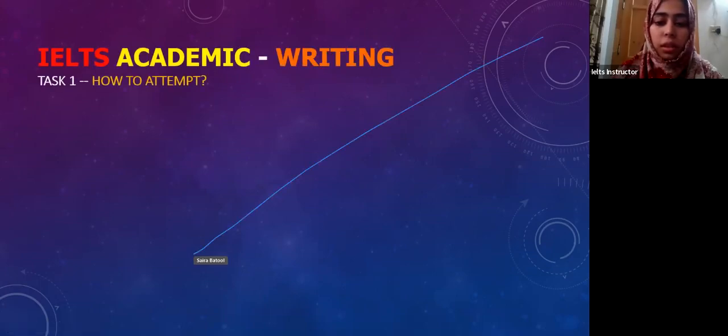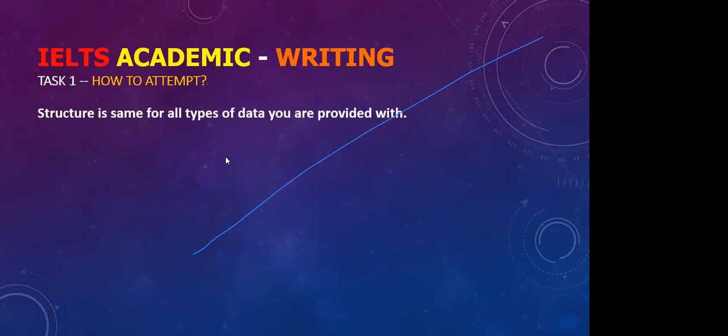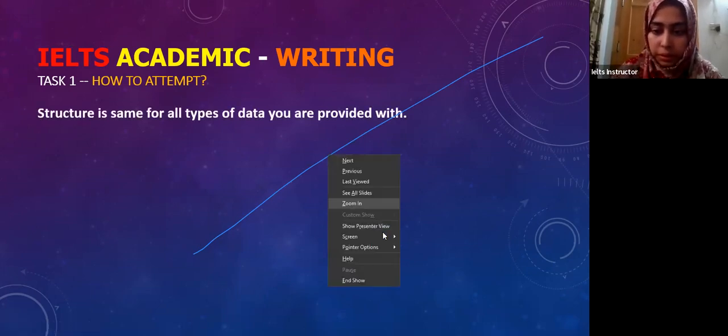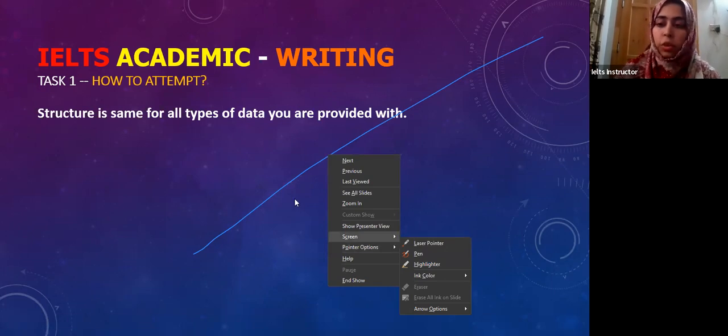Ma'am, your screen is showing, but the text is not showing. Just a simple slide. No text is showing. Saira, you are drawing some lines on the screen. Can you please remove your pointer option? Saira, can you hear me?